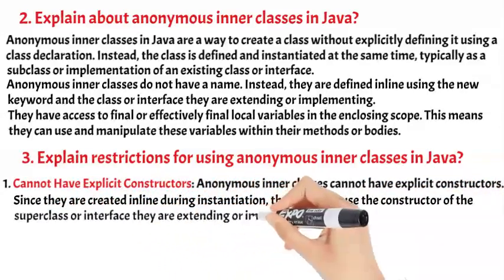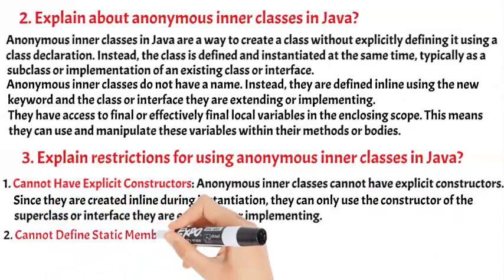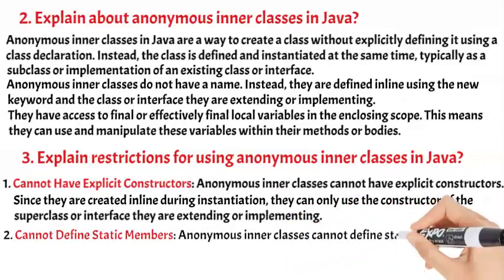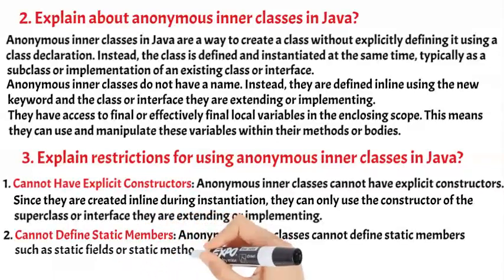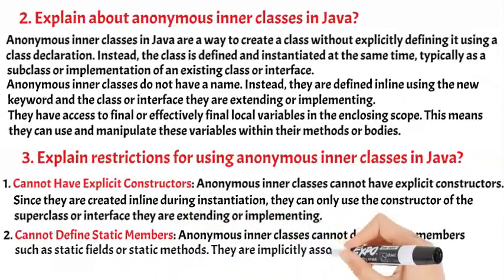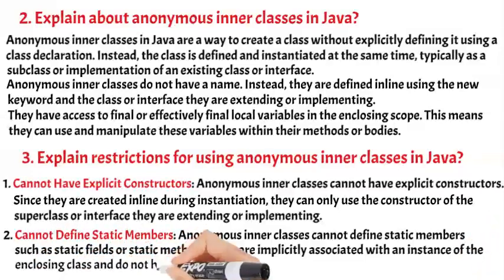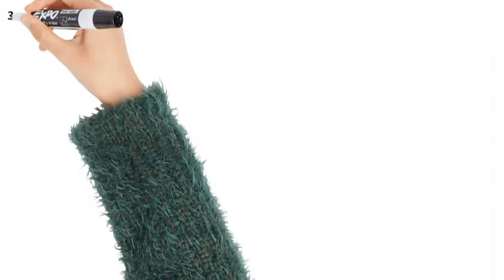2. Cannot define static members. Anonymous inner classes cannot define static members such as static fields or static methods. They are implicitly associated with an instance of the enclosing class and do not have a separate static context. 3.